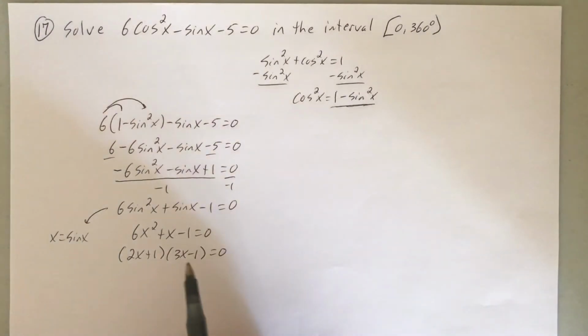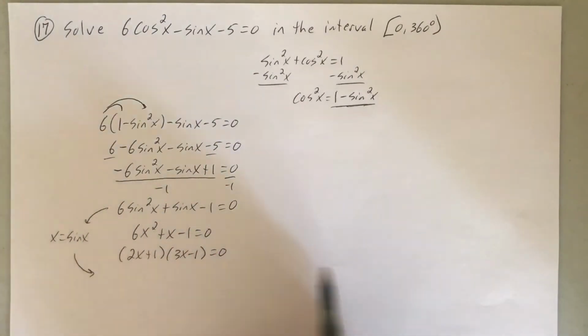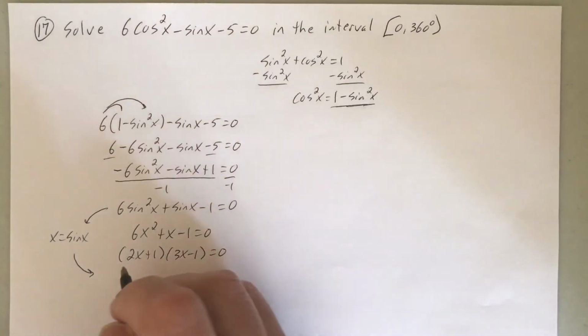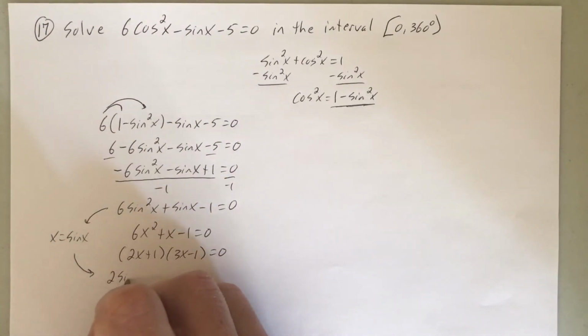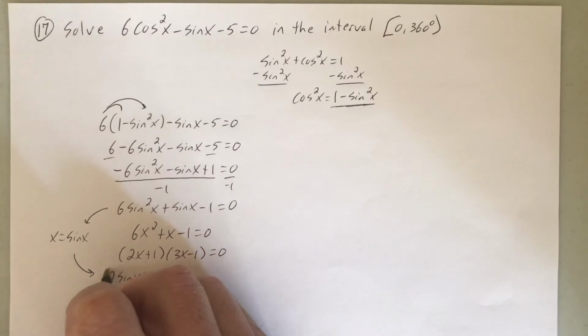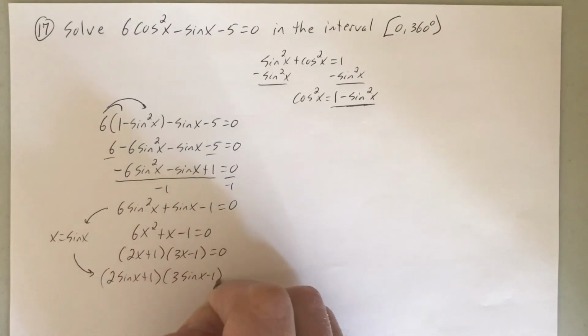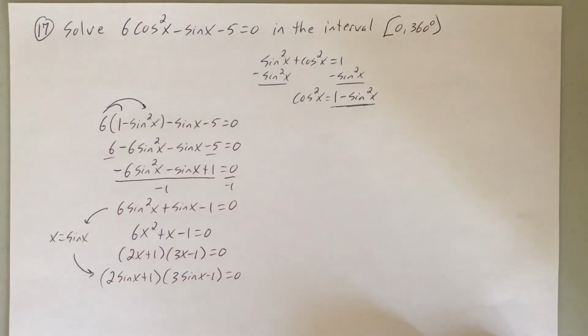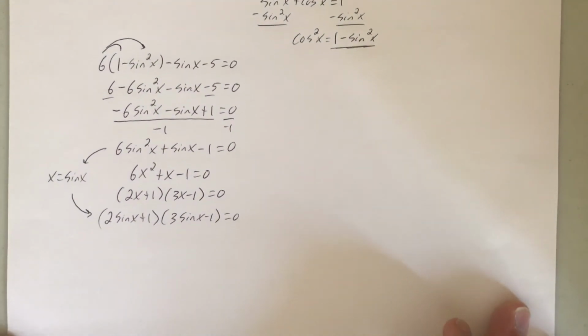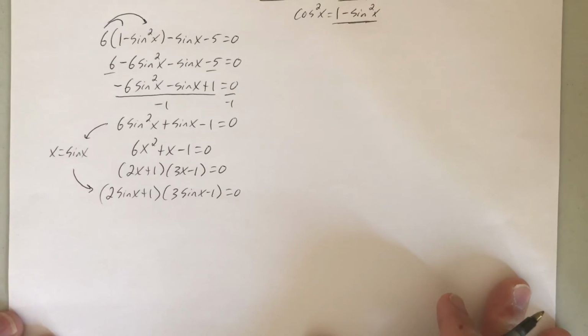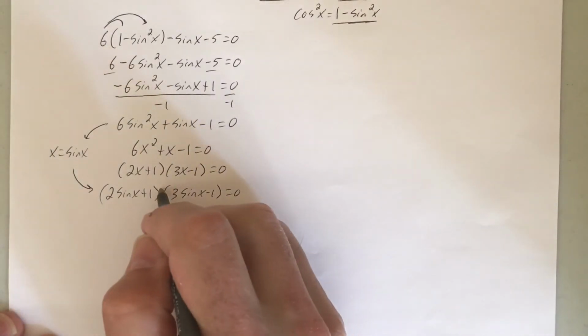And then of course we can substitute back in our sine function. So that would give us 2 sine x plus 1 times 3 sine x minus 1 is equal to 0. Move this up a little bit. So now I'm going to set those equal to 0 and solve them.